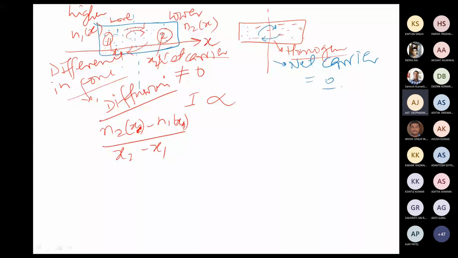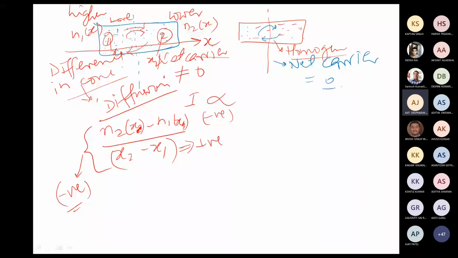We can see that the denominator is positive, since the distance x2 is larger than x1, and N1 is less than N2, so the numerator is negative. So this difference, which we see here, is in general a negative quantity.